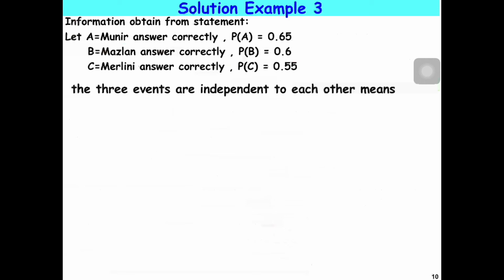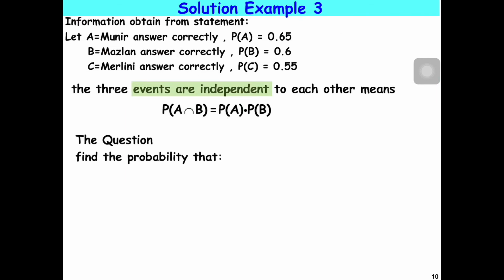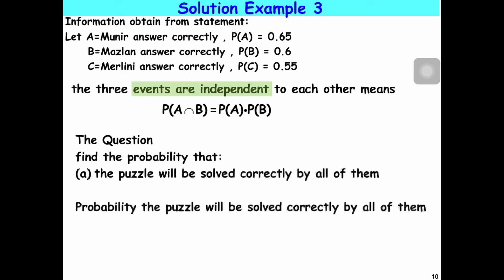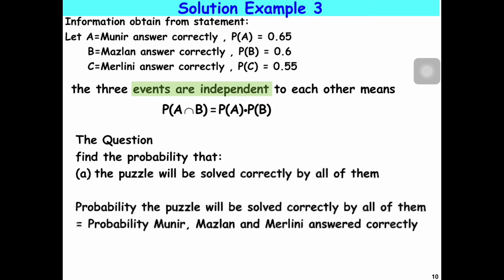The 3 events being independent of each other means probability A intersect B equals probability A multiplied with probability B. So that is for independent events. So the question: find the probability that A, the puzzle will be solved correctly by all of them. It means the probability that the puzzle will be solved correctly by all of them equals the probability that Munir, Mazlan and Marlini answer correctly.